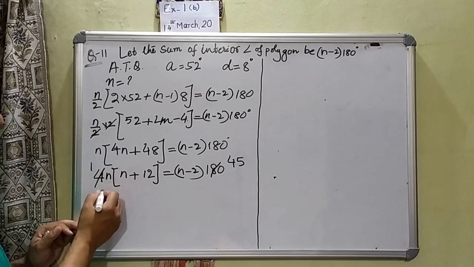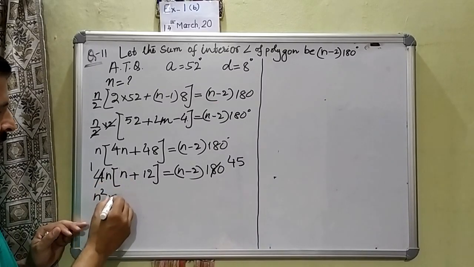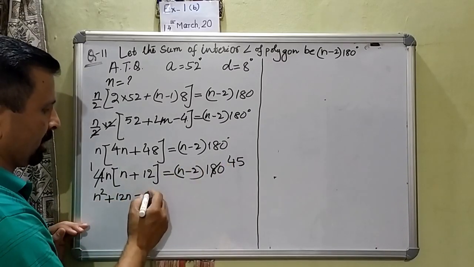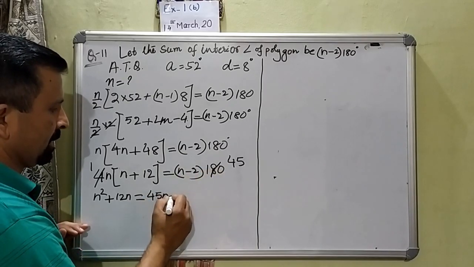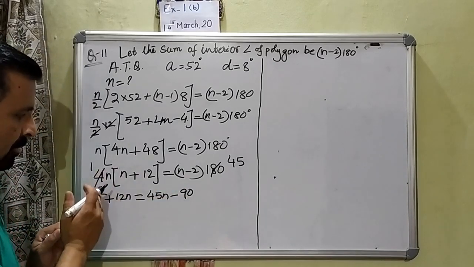This became just n, so n into n is n square plus 12n. On the right hand side we have 45 into n, and then 45 twos are 90, so minus 90. Now we can bring all the terms to one side.